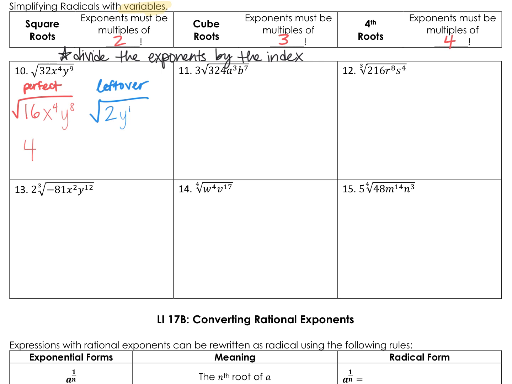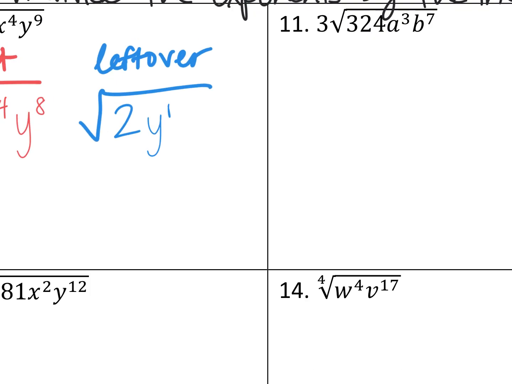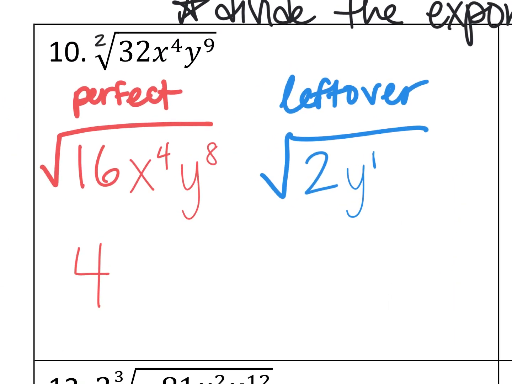Divide the exponents by the index. So here, this is a square root, so it has an index of 2. It's invisible because that's the easiest one, and we don't need to write 2 because we know what square roots are. So now I'm going to take 4 and divide it by 2. That would give me x squared. The square root of x to the fourth is x squared.